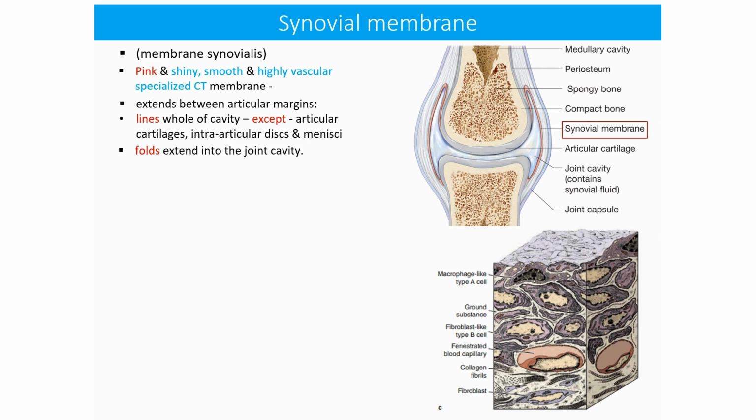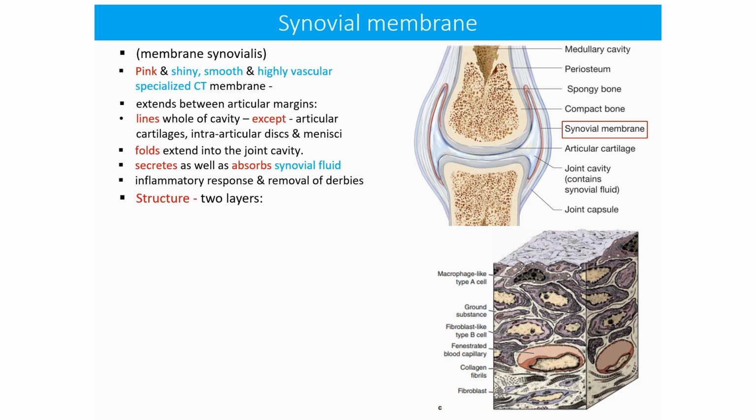Synovial membrane folds on itself and these folds extend into the joint cavity. It secretes as well as absorbs synovial fluid. It is also responsible for the inflammatory response and removal of debris.